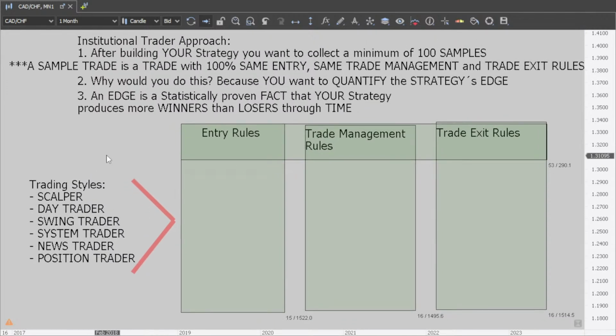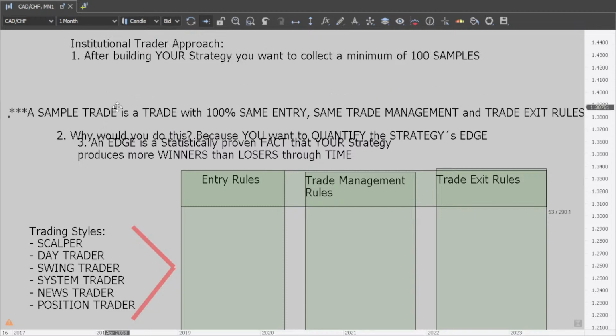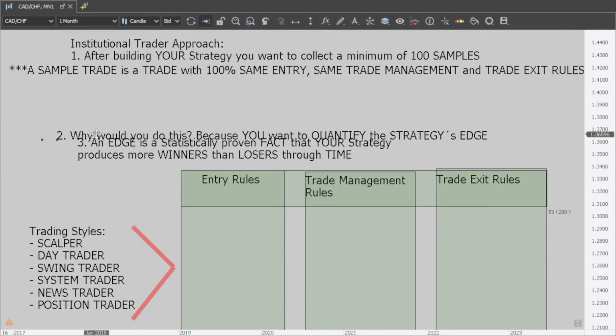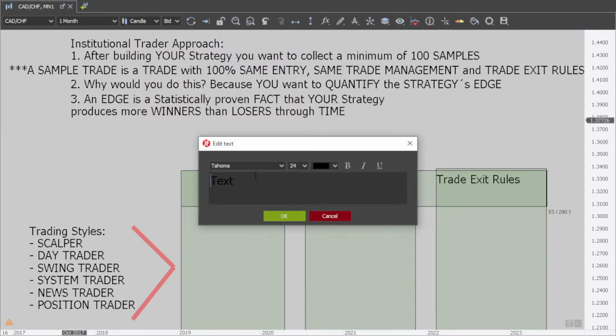Okay, so let's write this down. Why sometimes does it take years for a trader to become consistently profitable?